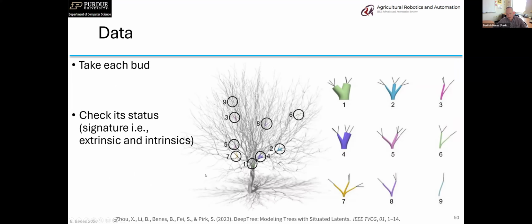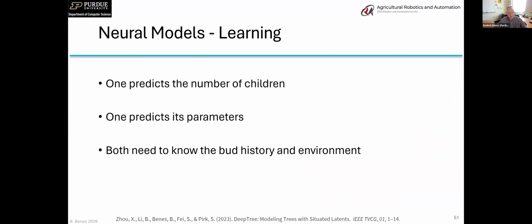So if you look, for example, at the bud at location 1, then what happened is that this has basically grown into 2 different branches. The bud at location 2 grew into 3 different branches with different angles and so on. So we created a data set of a bud at a certain location, with certain properties, and by checking the status, that is the extrinsic and intrinsic.